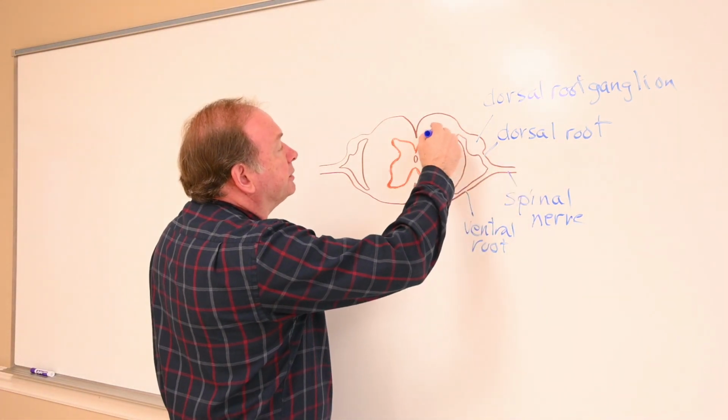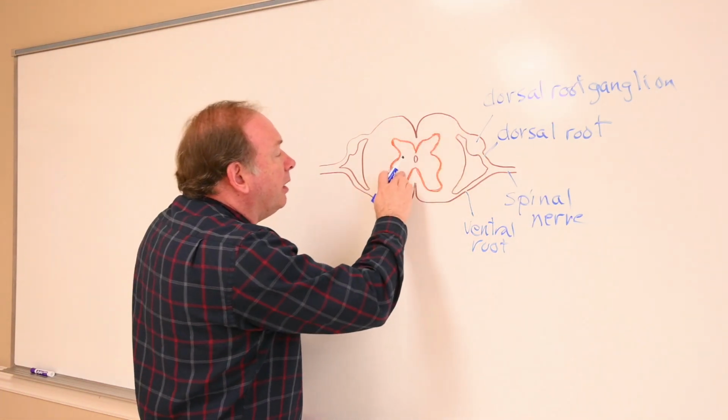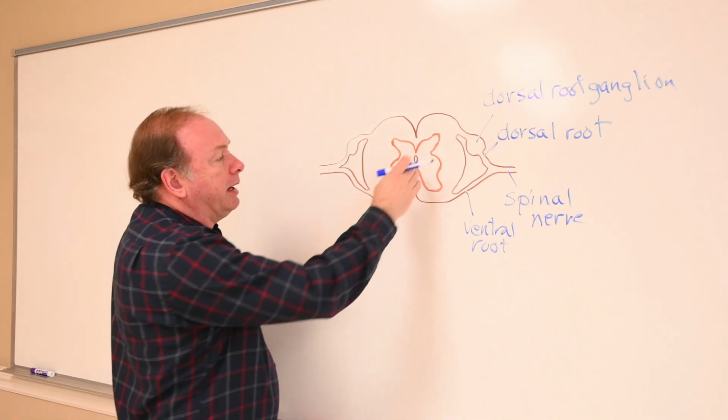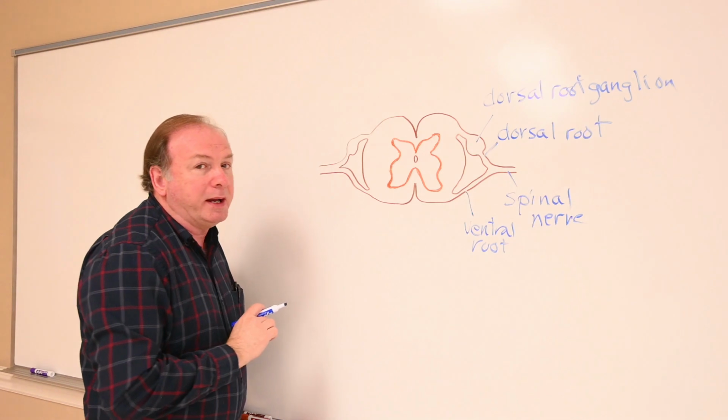So incoming signals come in here, and eventually they end up within this region here. All of this within this shape here, that's the gray matter. Outside of that golden brown line out here, that's white matter.